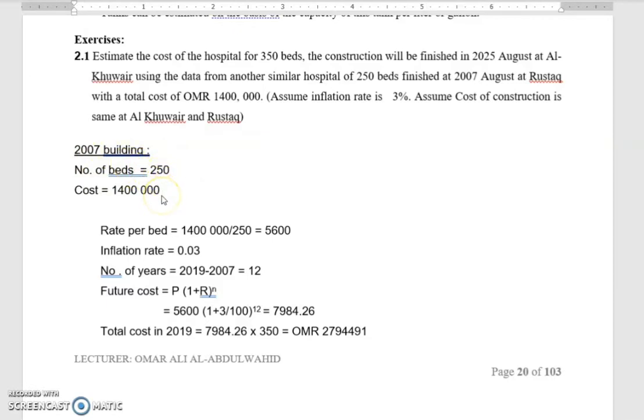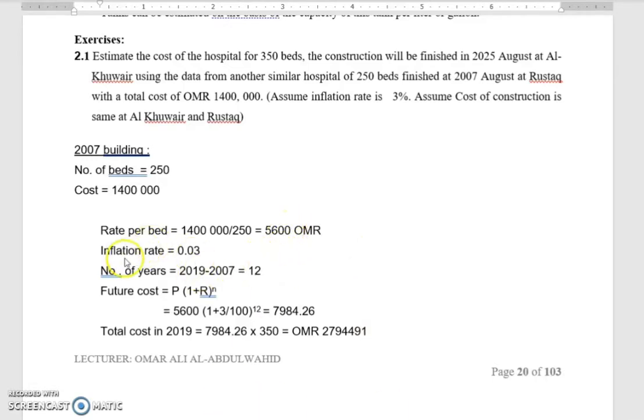In this case we are calculating according to the number of beds, like in schools, where sometimes we calculate according to the number of desks or classrooms. So we divide the total cost by 250, and we get 5,600 Omani rials.